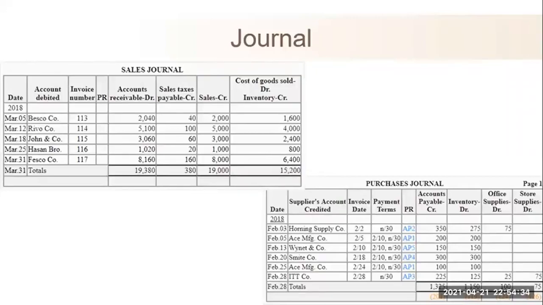Nagets na? So, for example, ito, invoice date natin, 2/5. Ibig sabihin, February 5, binigyan tayo ng invoice. Nakabili or naka-purchase tayo from Ace Manufacturing Company.